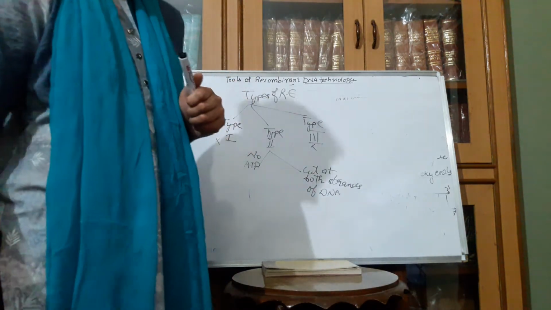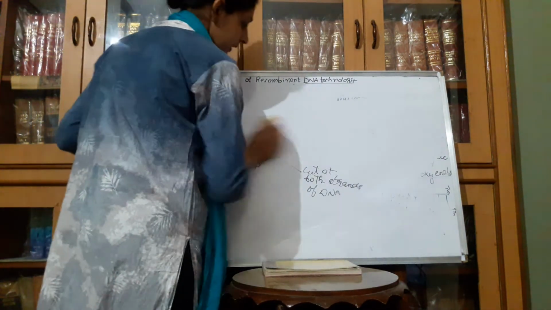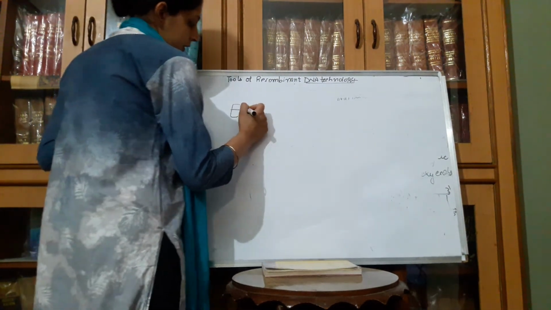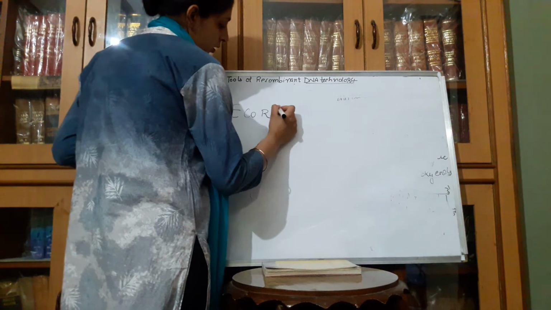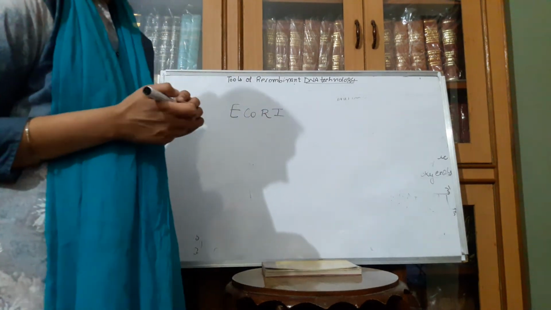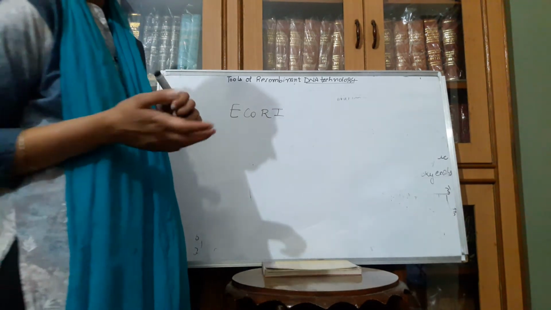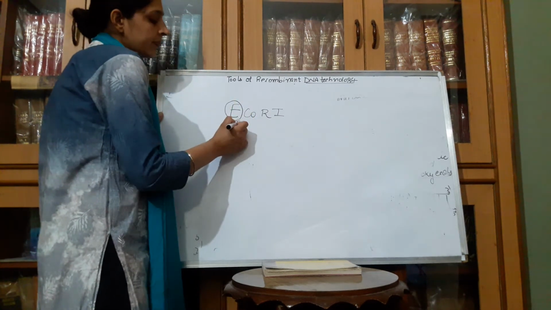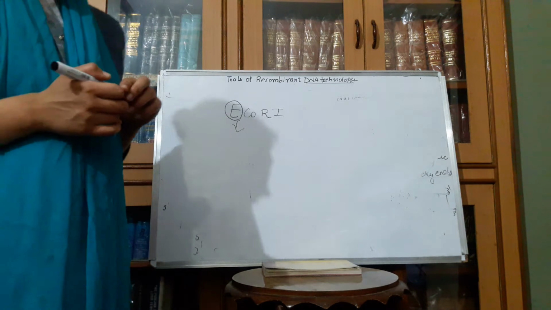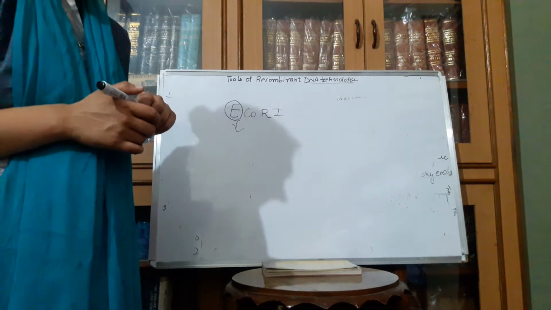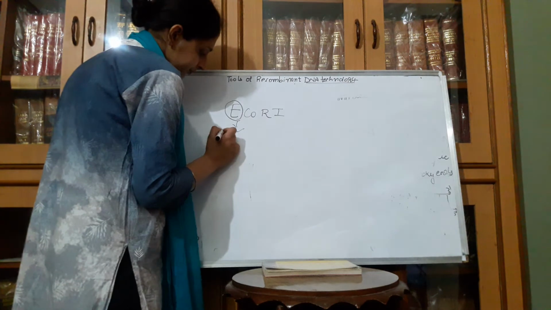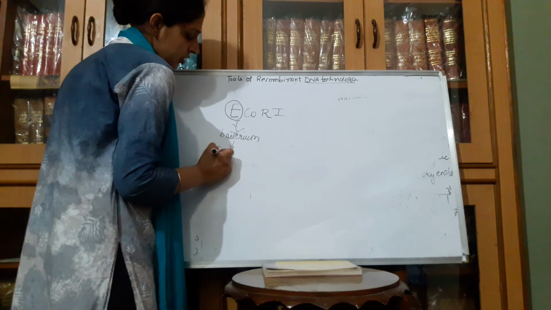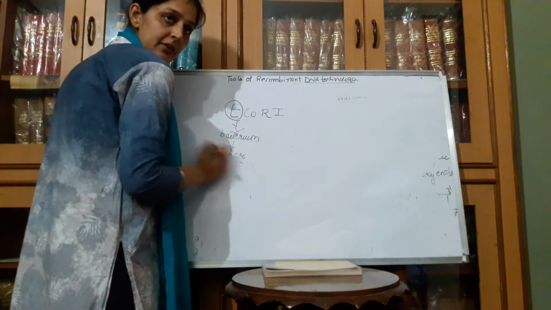Now the nomenclature of restriction enzymes. Let us take an example, the restriction enzyme EcoR1. It is named after the bacterium from which it was isolated. E is the name of the genus, Escherichia, the bacterium used.